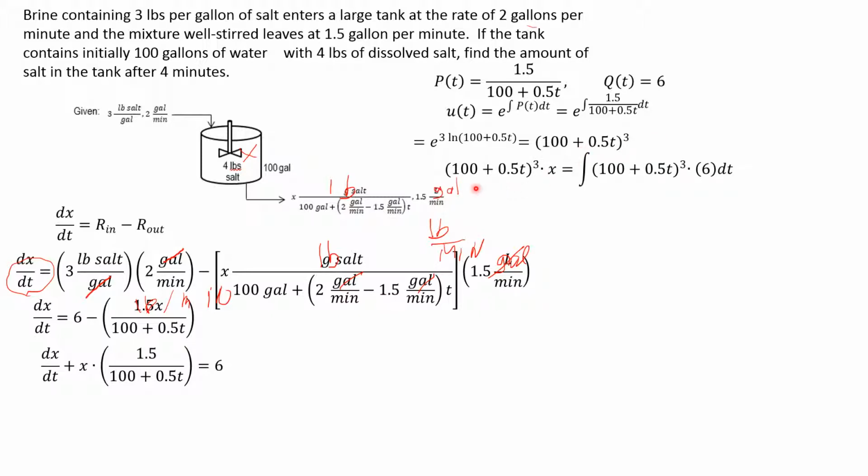And the integrating factor times x is equal to the integral of the integrating factor times 6. So simplifying this, (100 plus 0.5t) cubed x is equal to 3 times (100 plus 0.5t) to the 4th plus c.